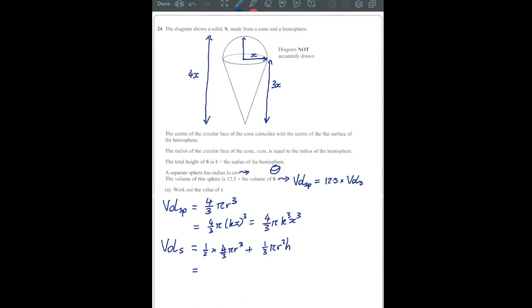I'm also going to simplify. Half of 4/3 is 2/3 pi. Well, the radius of the hemisphere, looking back at my picture, is just x. So that's just going to be x cubed. Plus 1/3 pi. The radius of my cone is just x. So that's an x squared. The height of my cone, I worked that out earlier just on a whim. The height of the cone is 3x.